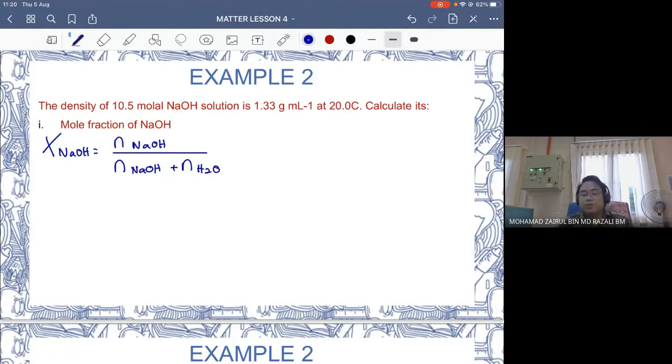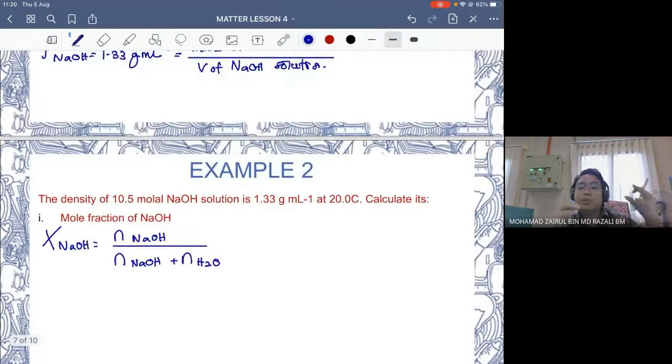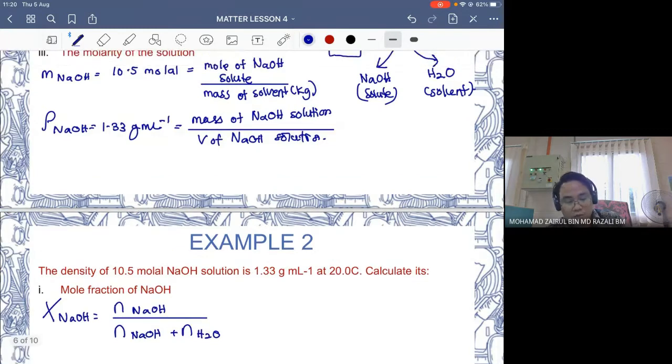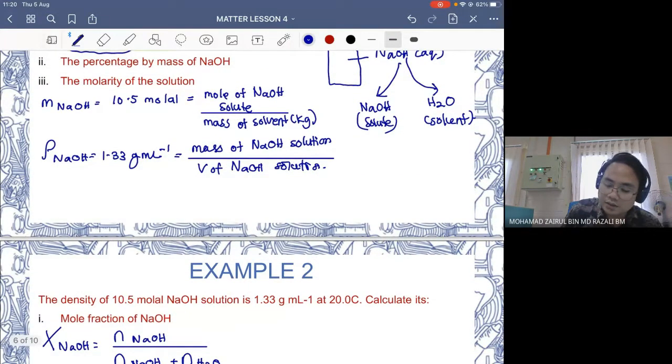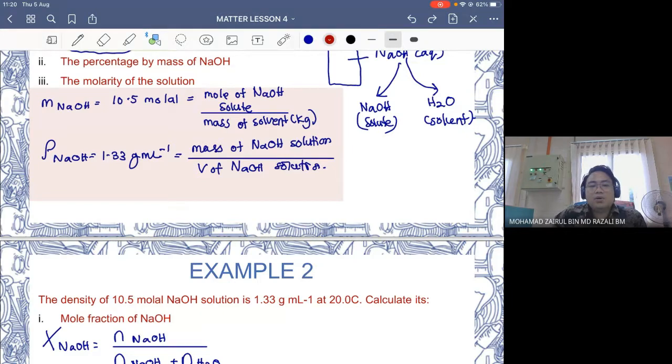Okay, however, if you refer back to the question, kita tak ada pun direct information yang kita boleh gunakan nak cari mole of NaOH. Okay, so if you want to find the mole of NaOH, kita nak cari daripada mana? Kalau kita refer dekat dua formula ni, kita mole of NaOH kita boleh dapat daripada mana?